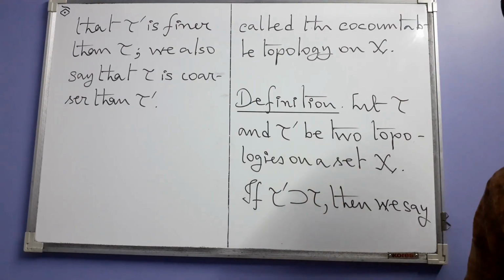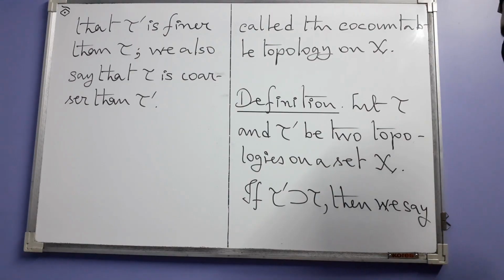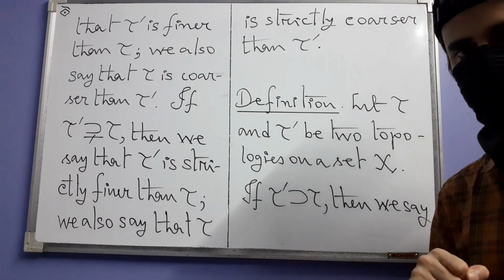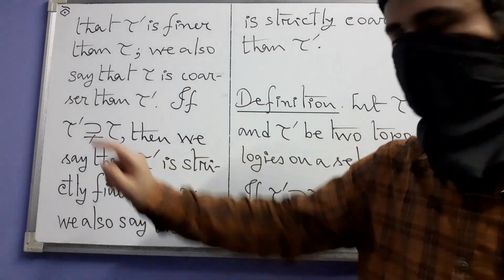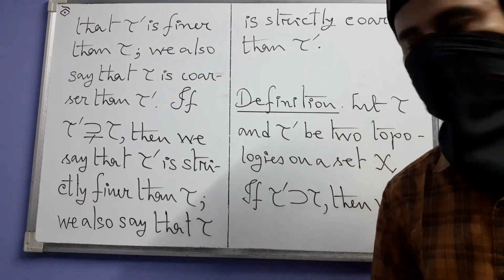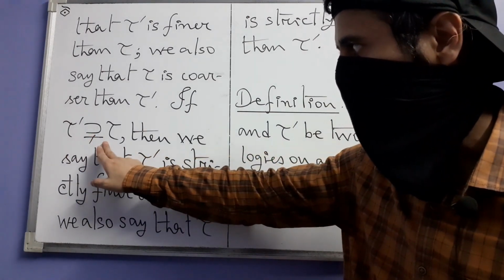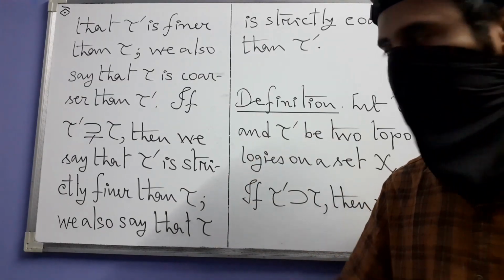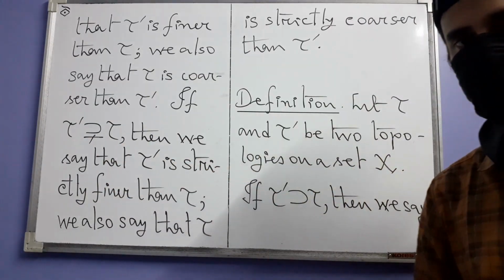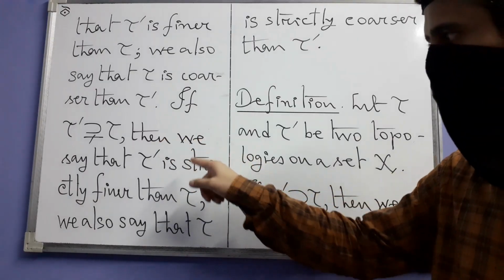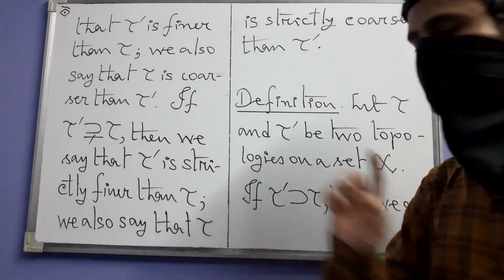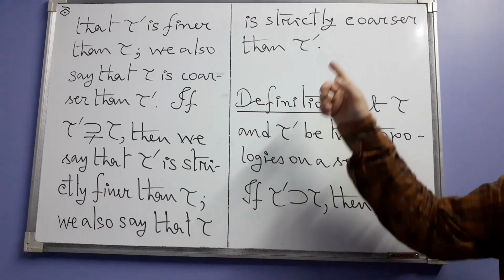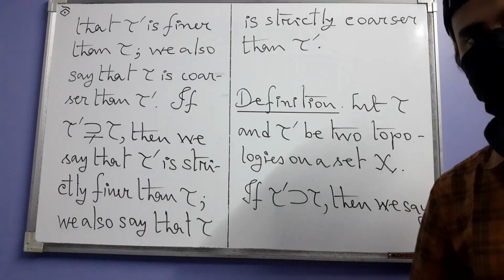And there is more in this definition. This is not all. If this containment is not simply a containment, but this strict containment, this stronger containment, that tau prime is a superset of tau, a proper superset of tau, or tau is a proper subset of tau prime, then we say that tau prime is strictly finer than tau, and in this same situation we also say that tau is strictly coarser than tau prime.